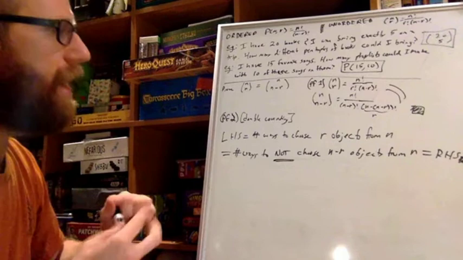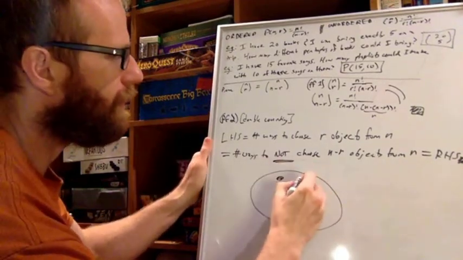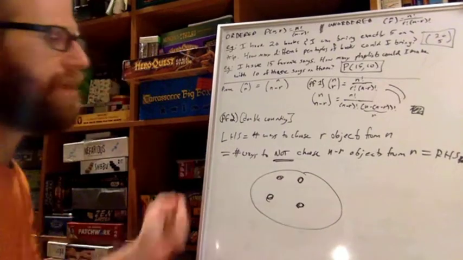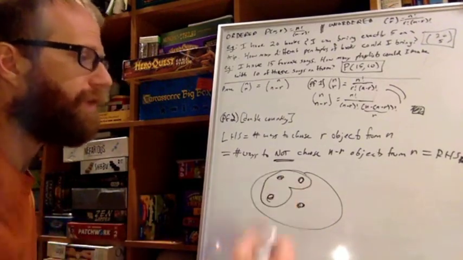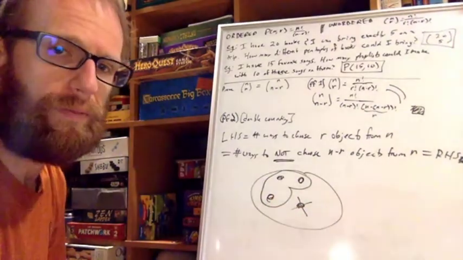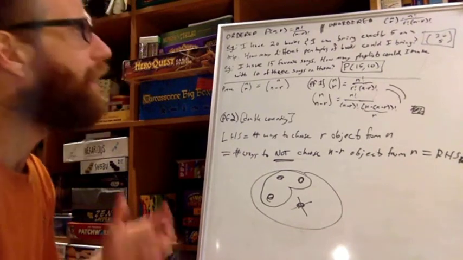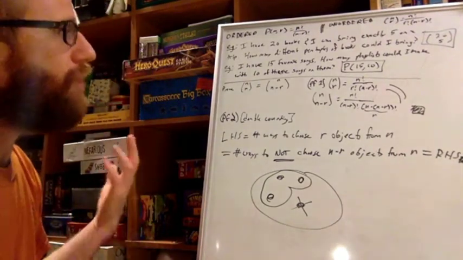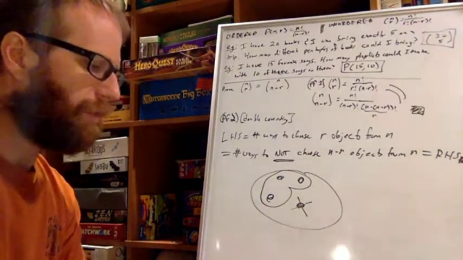So right here, I've got a total of 4 objects and I want to pick 3. One way to do that is to select my favorite 3. Another way to do that is just to say, well, I can live without that one. Okay? So that was a simple example of double counting, and that can be applied in a lot of different scenarios, but we've just applied it here to combinations.